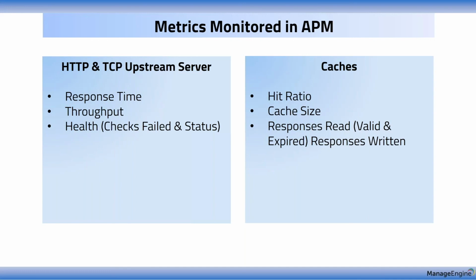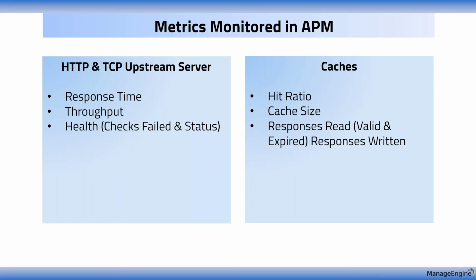So we do monitor the health check in Applications Manager also by fetching the data from the APIs. Nginx Plus caching also helps you get web pages very quickly, and we can show you the cache size and hit ratio for the same.